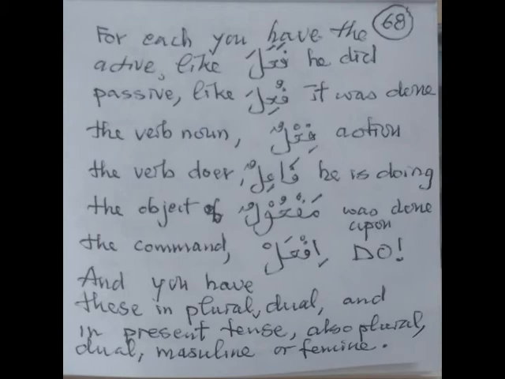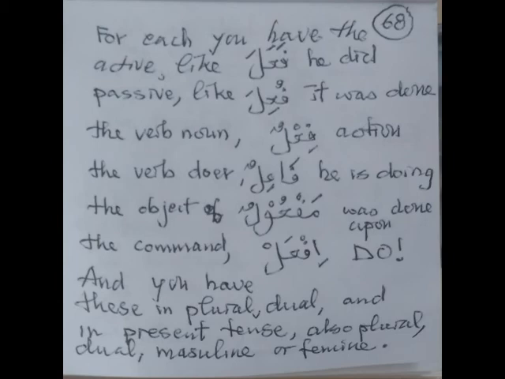Now the maf'ul is was done upon, and then the command you have if'al. That means write, singular. You're commanding one person, male, to write. To do the if'al. And if you command him to write, you say uktub.